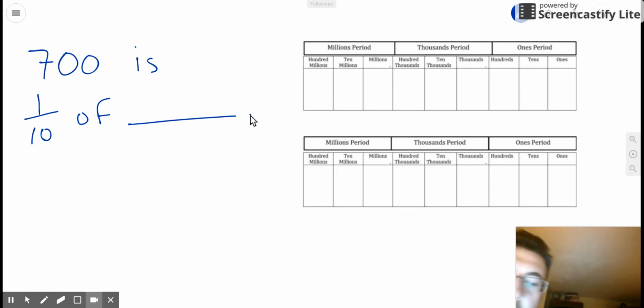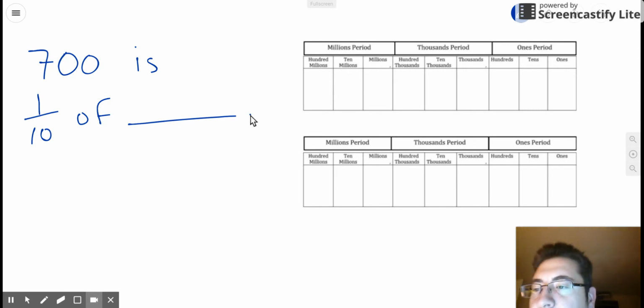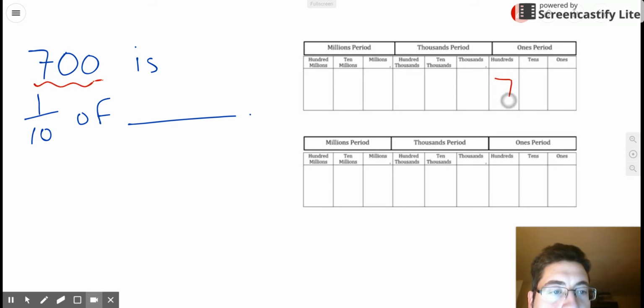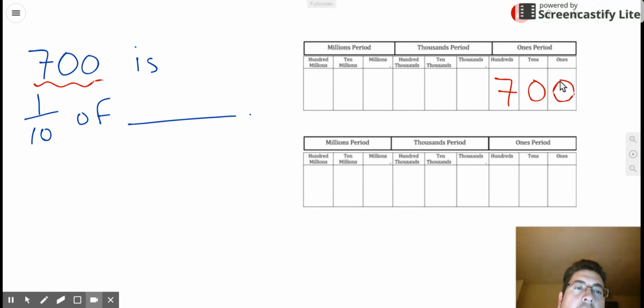It's a mystery, and we need to solve that mystery by figuring out what number 700 is 1/10 of. Okay, so we can solve this problem much like we did the last two by first writing the number we're given, 700, in the place value chart above. And we automatically notice that that 7 is in the hundreds place.